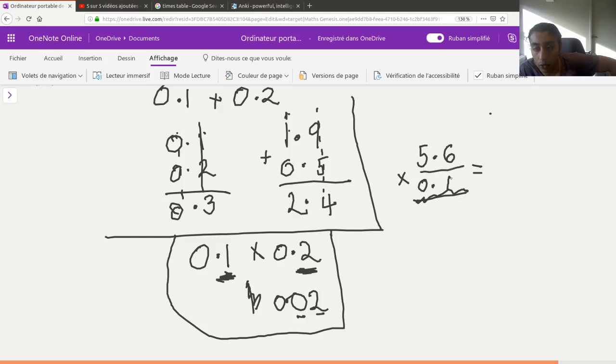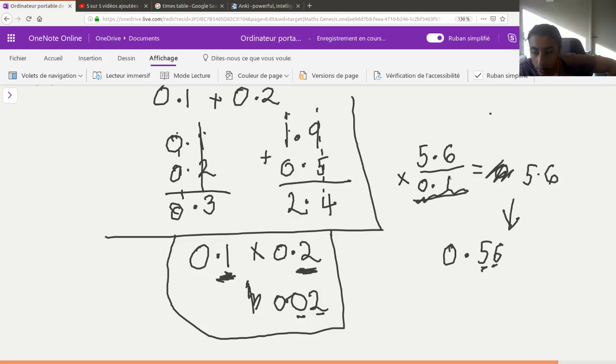Then you require the same. As I said, the rule was you require how many numbers after the decimal point. So 1, 2, and the answer is gonna be like 1 multiplied by this. So 1 multiplied by that is actually that number, but we require 2 numbers after the decimal. So you move the decimal point backwards, right?